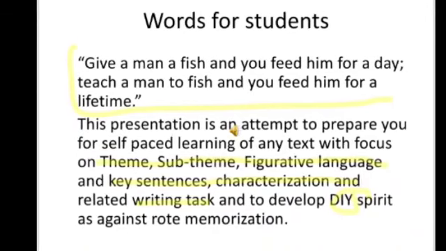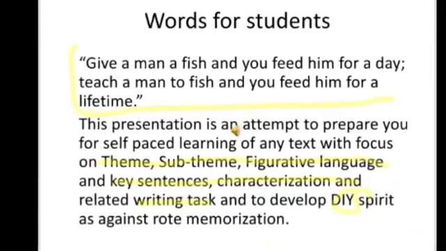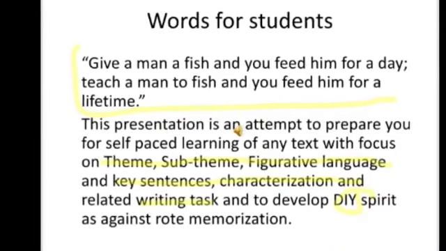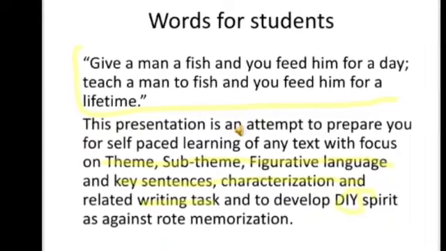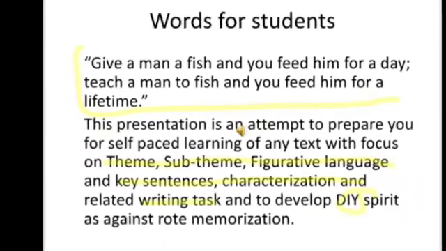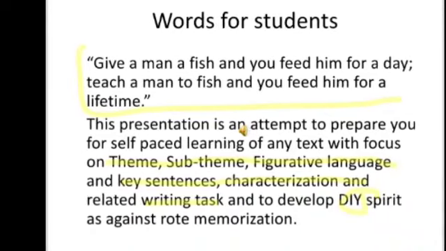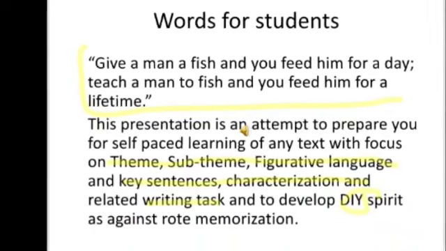Then you will have to focus on the figurative language, the key sentences, characterization, and the related writing task. My presentation will certainly develop the DIY spirit, that is to say, the do-it-yourself spirit, as against rote memorization.